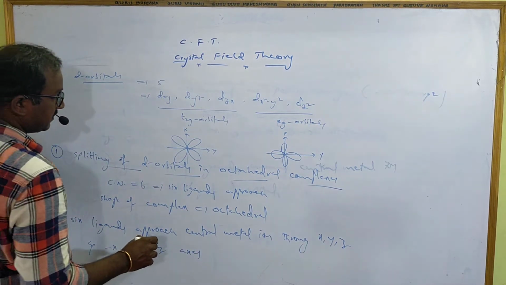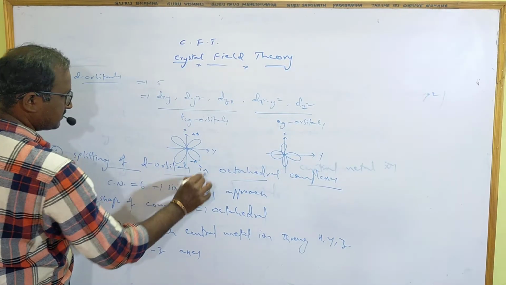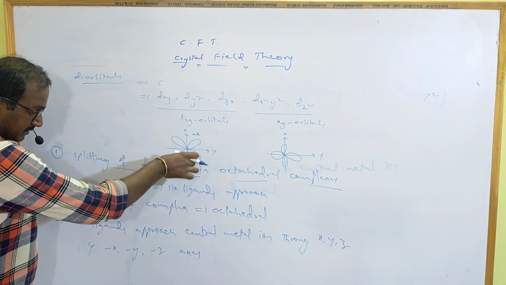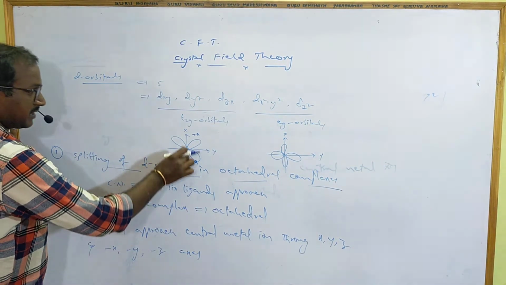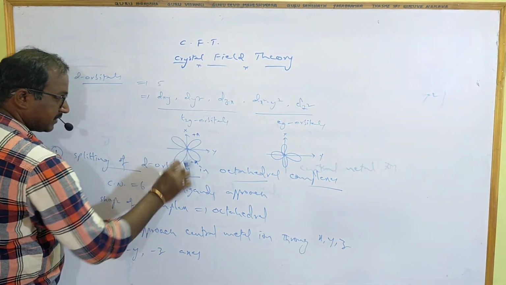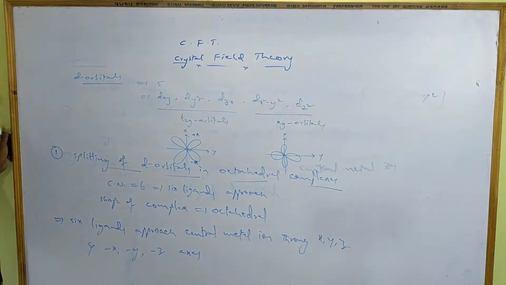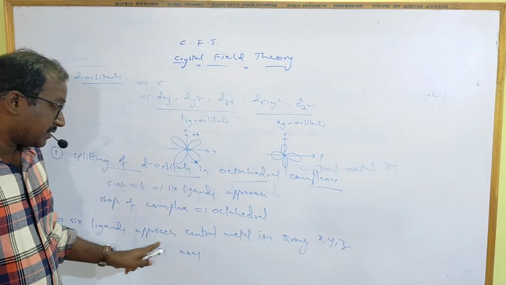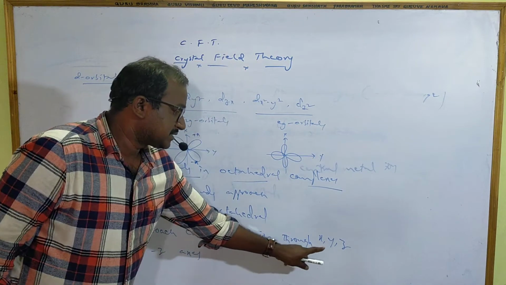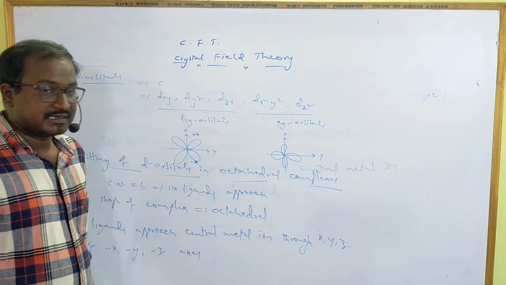You know what minus x is: suppose this is plus x, then the opposite direction is minus x. So one ligand approaches along the x-axis, the second along minus x, the third along plus y, the fourth along minus y, the fifth along plus z, the sixth along minus z. Like that, 6 ligands approach the central metal ion through the x, y, z as well as minus x, minus y, minus z axes.